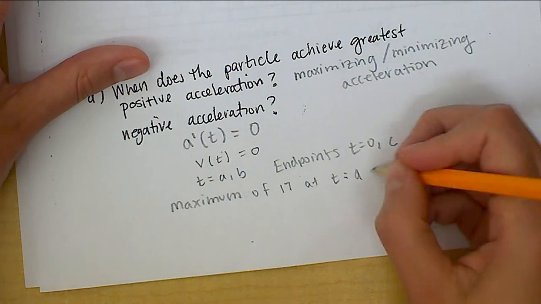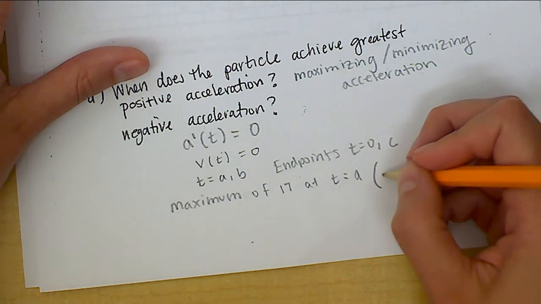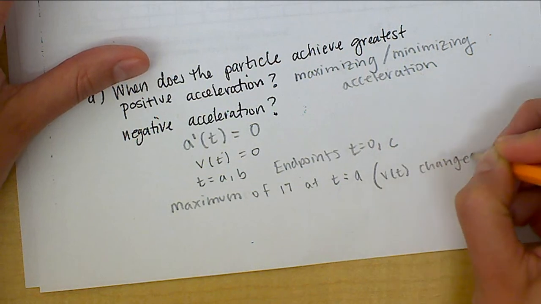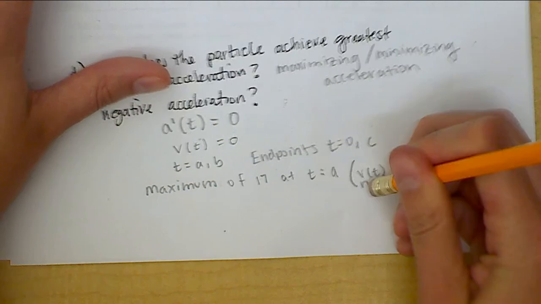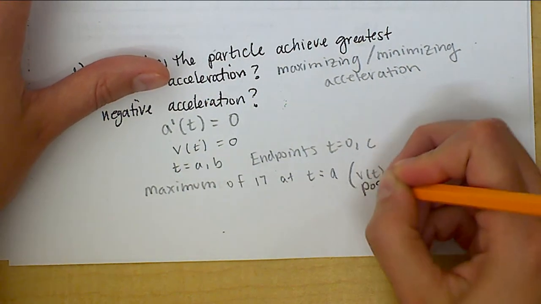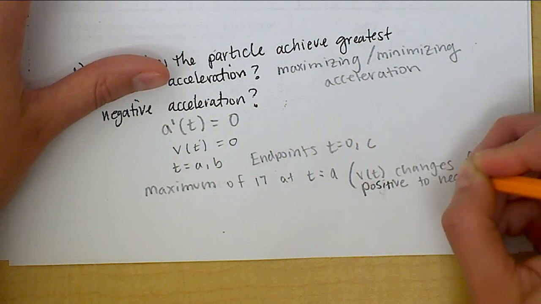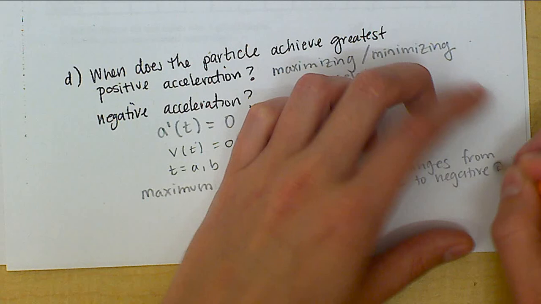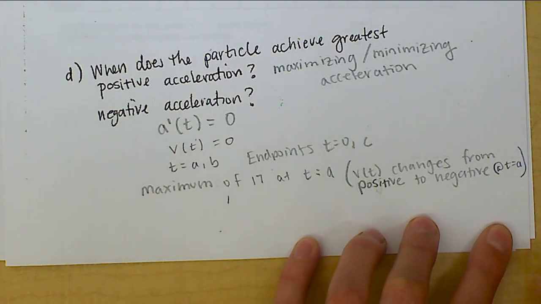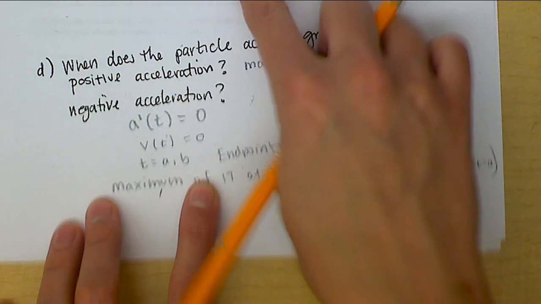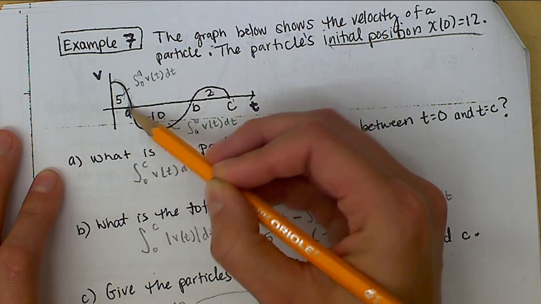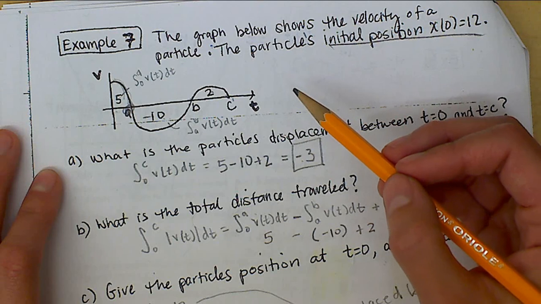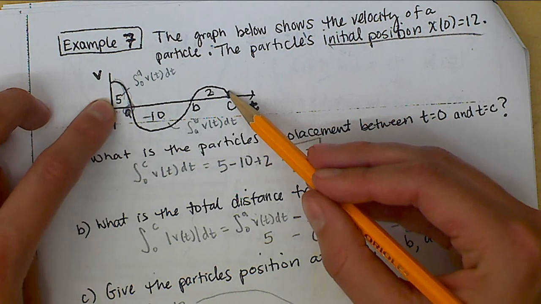And I do want to note you can also say this is the maximum because v of t changes from positive to negative at t equals A. So it's a maximum not only because we already found all the values, but it's also a maximum if you think of this derivative, v, changing from positive to negative, so there's going to be a maximum at A. We would just also have to compare it to the endpoints to know if it's the absolute maximum.